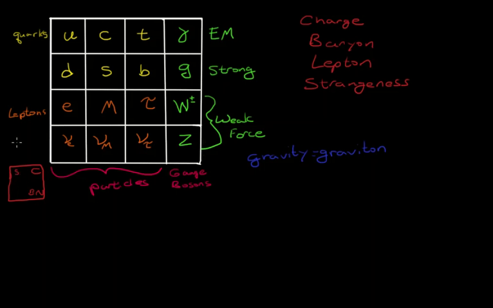And this is only for quarks, okay? Only for quarks. So leptons have a different thing. So this is for quarks only. Okay, so each one of these quarks, these 6 quarks here, have a charge. The ones on the top have a plus 2/3 charge.